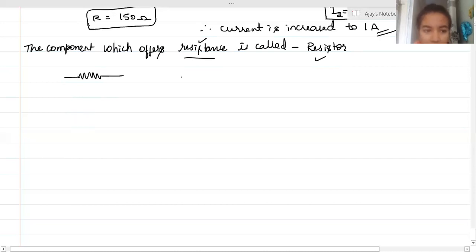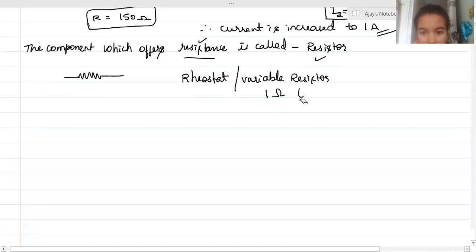And we have another device called a rheostat, also called a variable resistor. That means you can vary the resistance as much as you want. If you want 1 ohm, 2 ohm, 100 ohm, or even 1000 ohm, you can vary it in one device only.